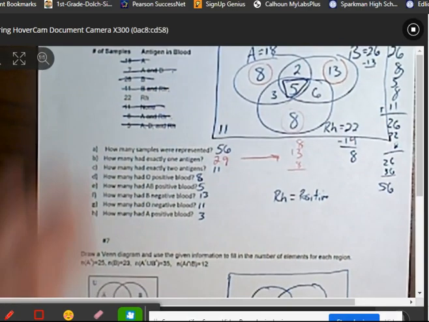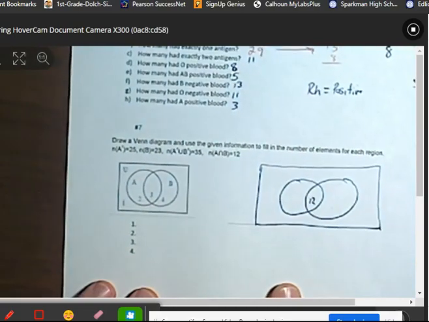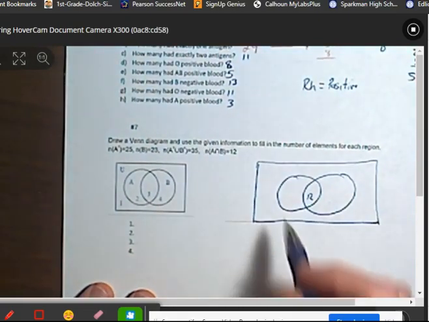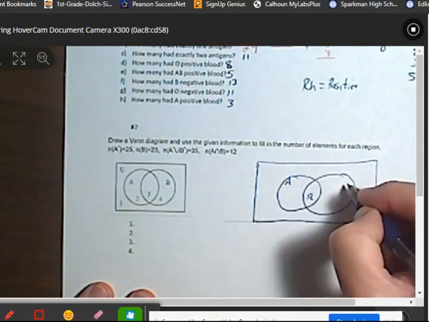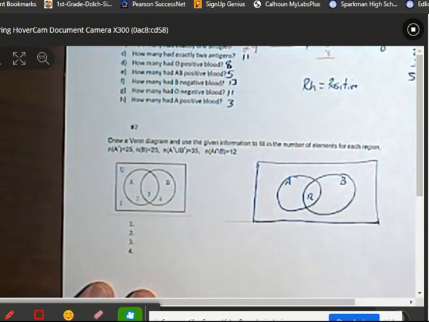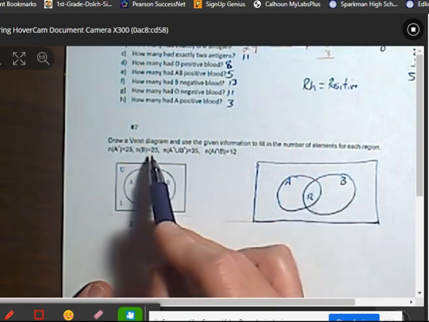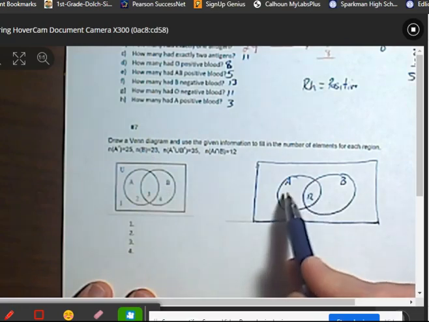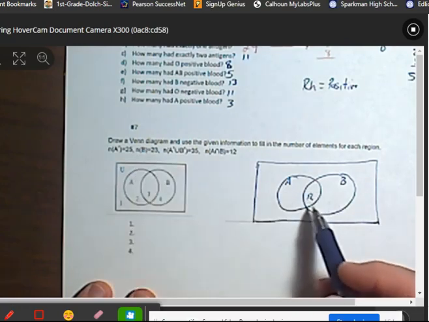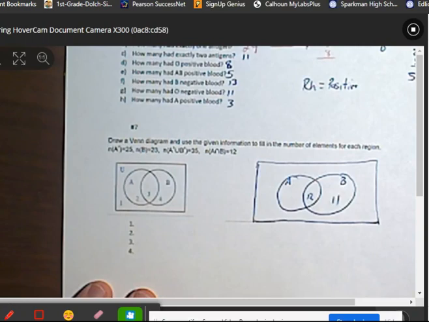So that's the first thing I would go through and do, and put up so you can see it there, is put a 12 right in the middle of A and B. Okay, the other thing that you can get is right here that there's 23 in B total. Well, if there's 12 that's in A and B and that's here, so we'll just do 23 minus 12, so that puts 11 that's here.